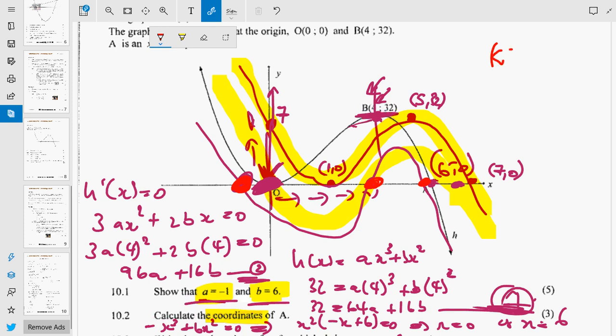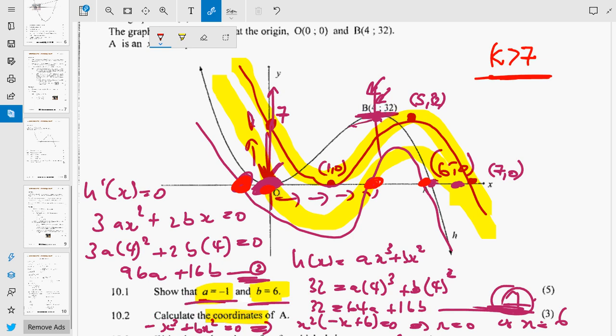So when k is greater than 7, because when it's equal to 7, the y-intercept will be at 0, so we won't have the condition. But when it's greater than 7, do not include the 7 because it will be at the origin.